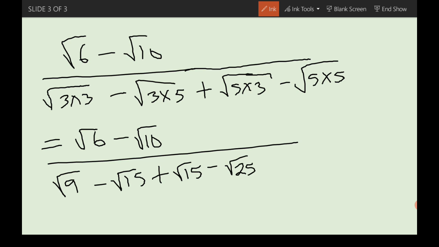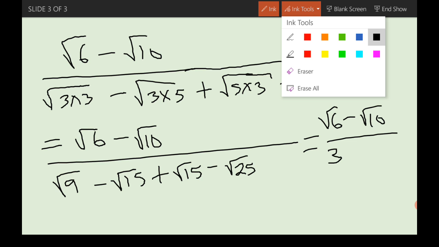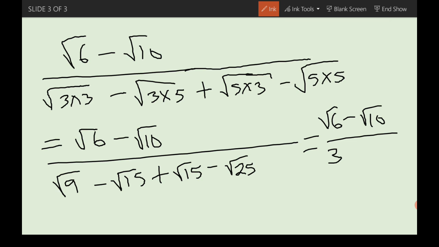Still, when you simplify this, you'll get root of 6 minus root of 10 divided by root of 9, that is 3, minus, so here you can see that in the denominator the root of 15 cancels out because one is a plus, one is a minus.